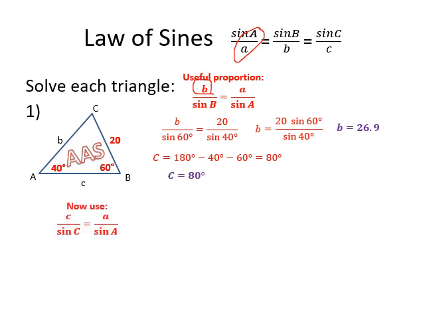Again, I'm going to look for C. I always rewrite my proportion so that the unknown is on the top left. That way I can just multiply both sides of the equation by sine of angle C, and then I've got C upstairs and by itself. So multiply both sides by sine of 80, and then just pick up your calculator and plug that in. And so C is equal to 30.6.